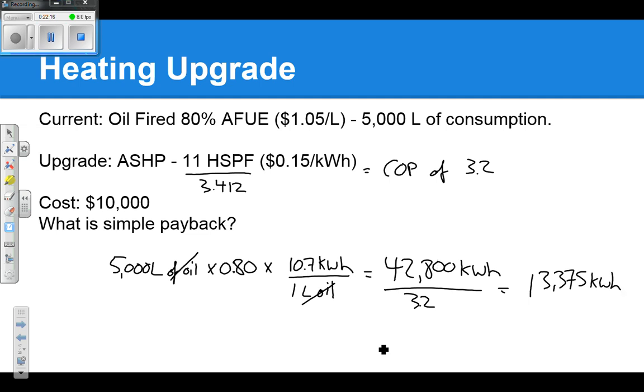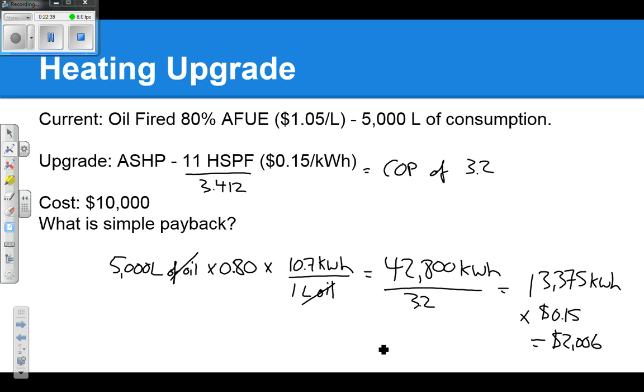And we can multiply that by the price. And we're just over $2,000. Okay? And if we look at it and we said 5,000 liters at $1.05 a liter, well let's do that.